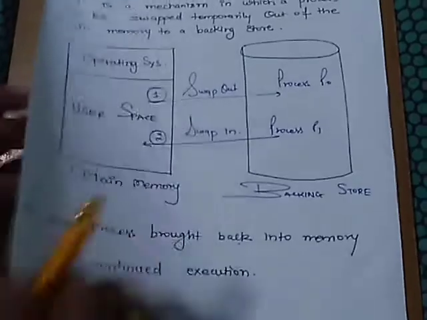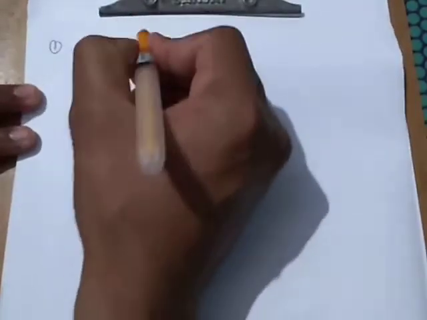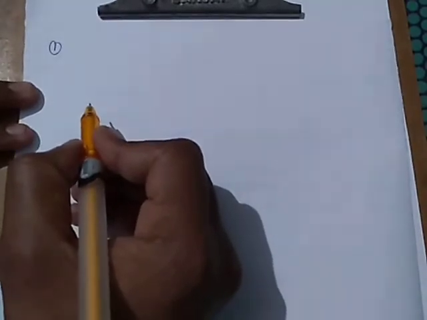Now let us understand the main characteristics of swapping. Point number one, what is a backing store? A backing store is usually a hard disk.